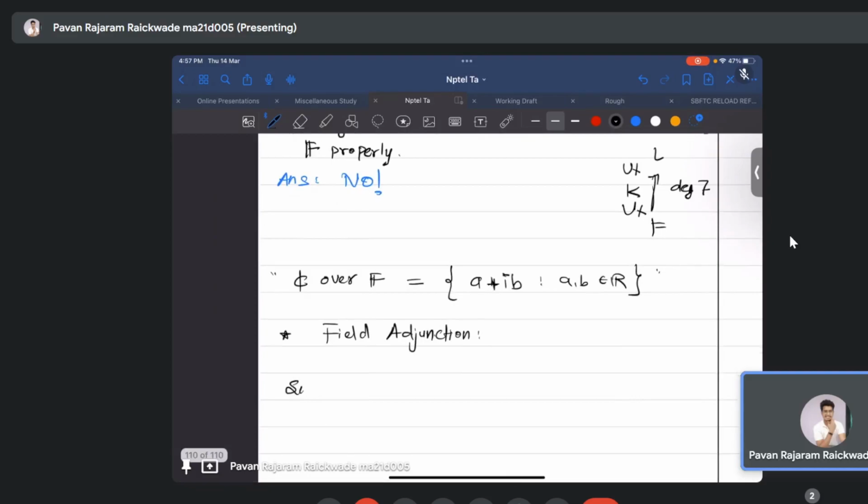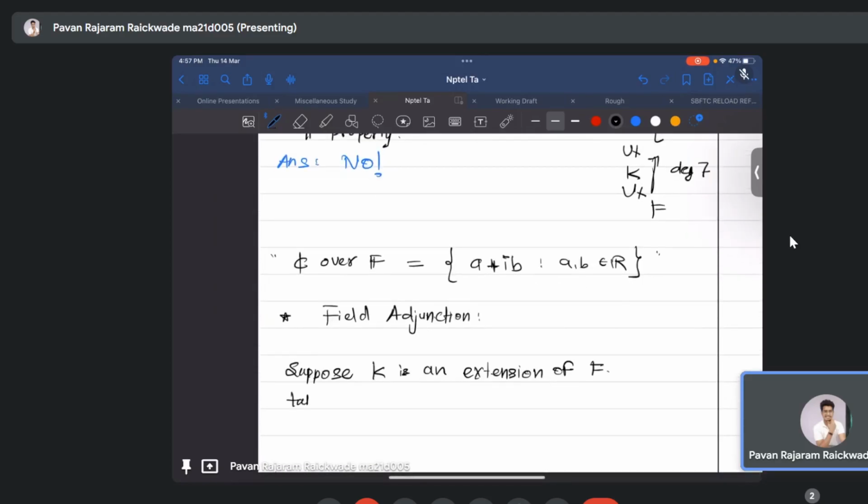Suppose K is an extension of F. Take a belongs to K. Then define F(a) to be the set of all polynomials in a.